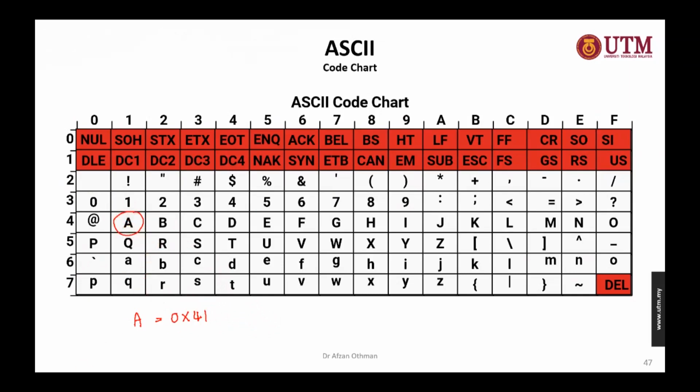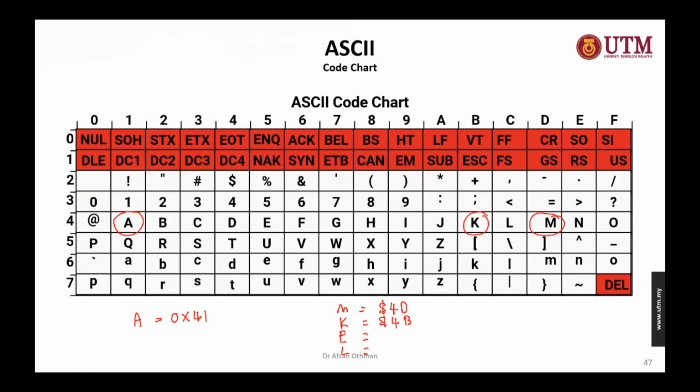Let's say you're going to represent MKEL. The ASCII code for M, K, E, and L: where is the M? So this is M, and the code is 4D for M. K, capital K, is 4B.